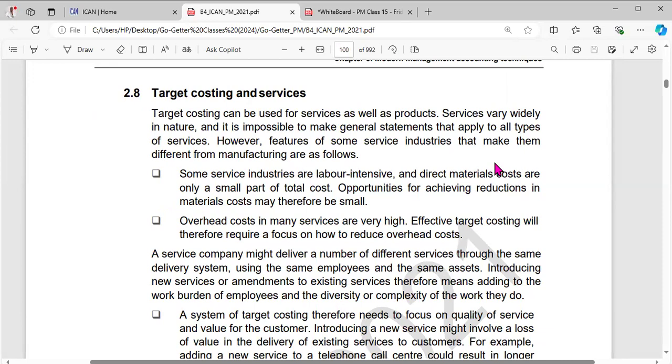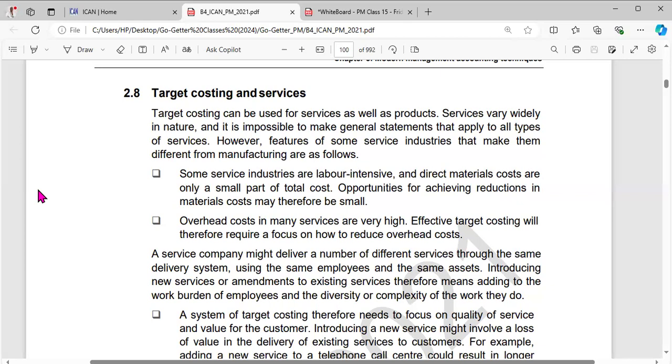Some service industries are labor intensive and direct material costs are only a small part of the total cost. Unlike manufacturing, where you have direct material, direct labor, some services are just labor intensive and sometimes they may not have direct material. So opportunities for achieving reduction in materials may therefore be small. So you'll not be looking at materials when you are looking at target cost.